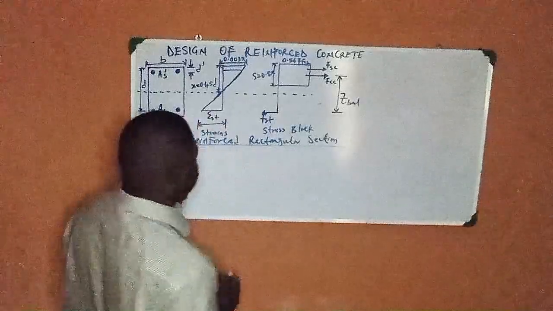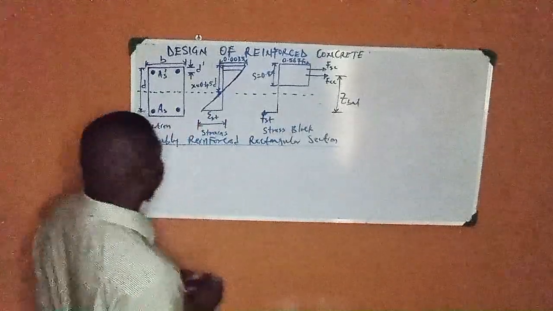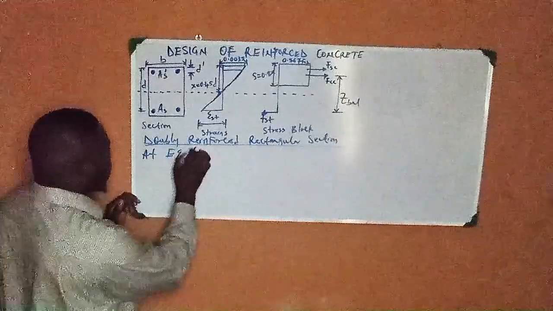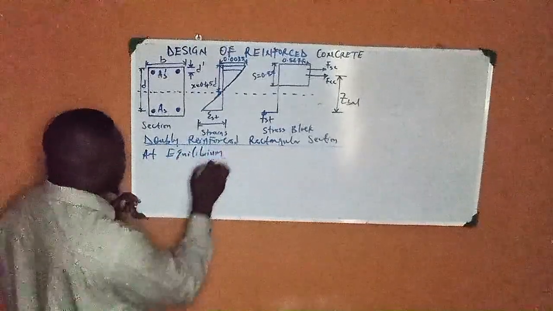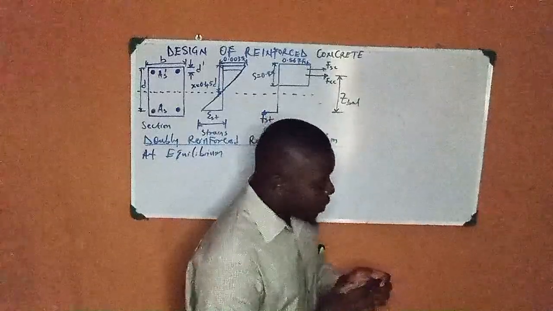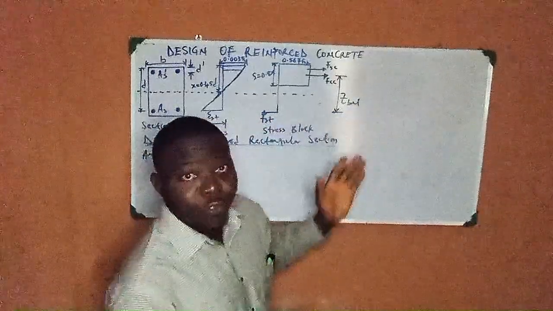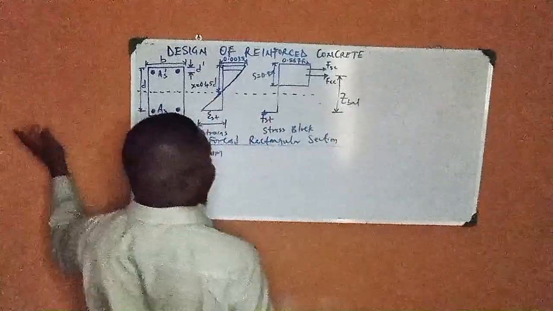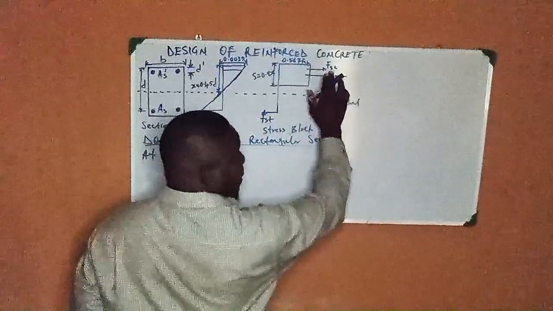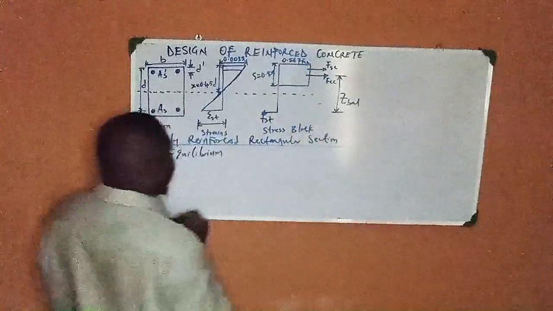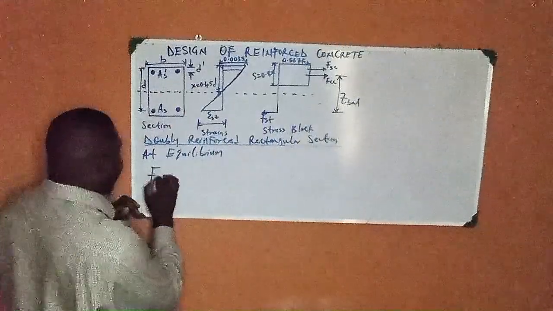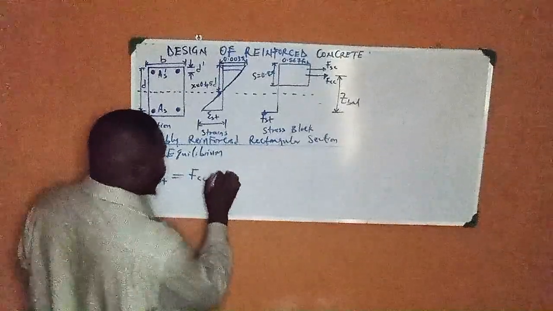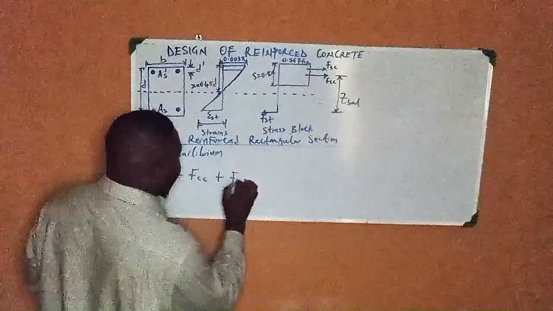Now let's start deriving. At equilibrium, you have to sum all the forces in the horizontal direction. You can see your Fst pointing to this side, your Fcc and Fsc pointing the other way. So at equilibrium, your Fst should be equal to your Fcc plus your Fsc.